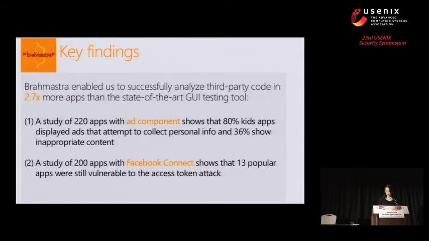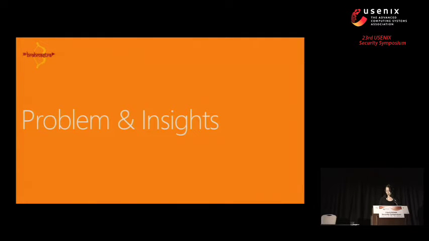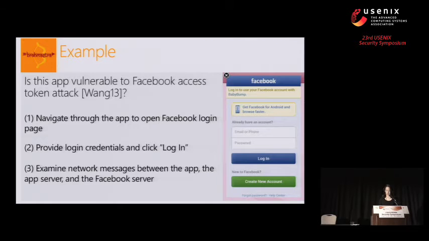Let me begin with one real example demonstrating the technical challenges of this test automation. Last year's USENIX security paper that I showed a few slides ago discussed a Facebook access token vulnerability that can be exploited by attackers to steal users' sensitive data from an app server. Let's say you have an app.